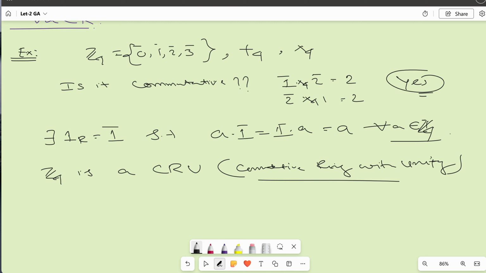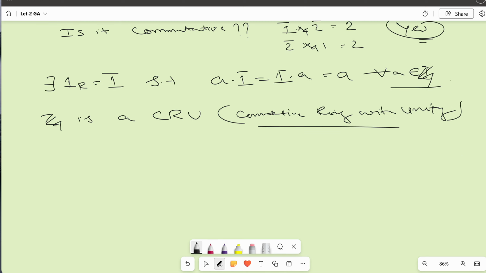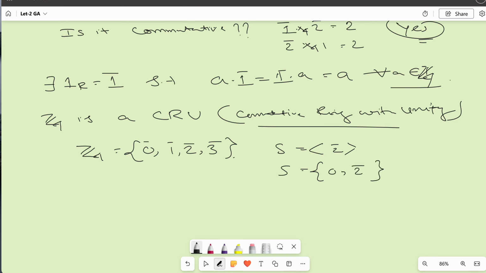So let us see, what is Z4? Z4 is actually 0, 1, 2, 3, right? And you take a set which is generated by 2. What is this? It is 0, 2 bar, right? So this is a subset of Z4, and in fact this is a subgroup of Z4.